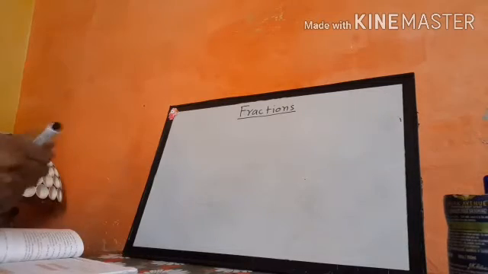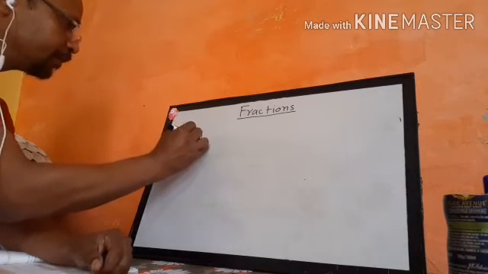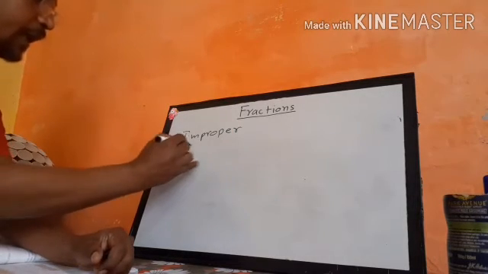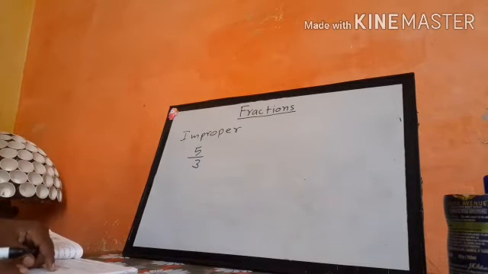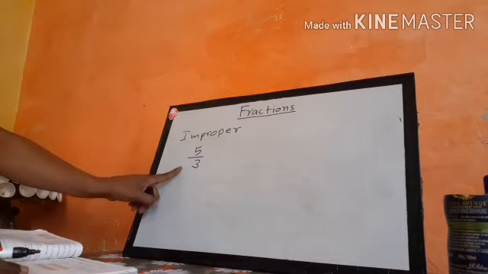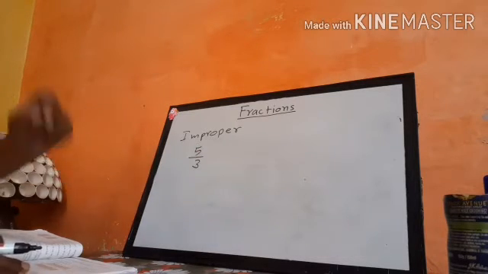Now I am going to represent the improper fractions on the number line. Improper fractions have the greater numerator. So it is an improper fraction. It is also known as unlike.